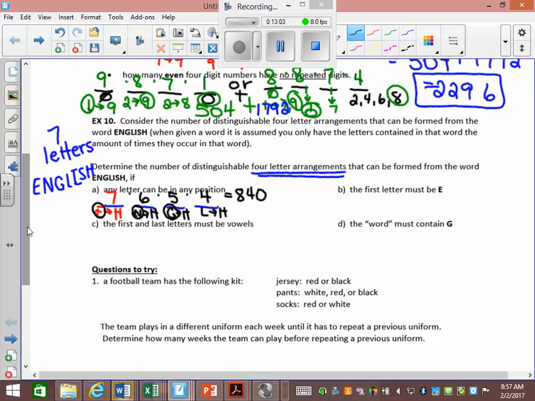Now, we know it's a permutation because order matters. I told you that, correct? And we're going down by 1 each time. If you don't go down by 1 each time, say it went 7 and then I had a restriction and could only have 5 letters in the second blank, then 3, then 1, you can't do what I'm going to show you. But if we can go down by 1 each time, so 7, 6, 5, 4, you can use the little P, and the P means permutation.